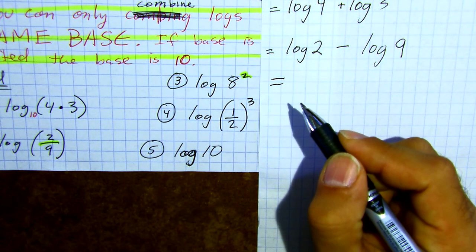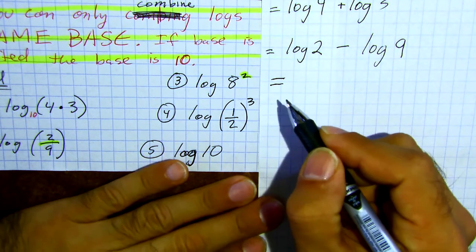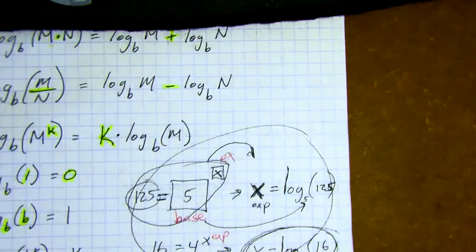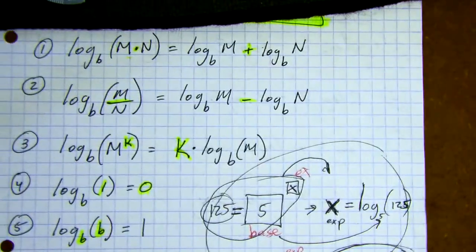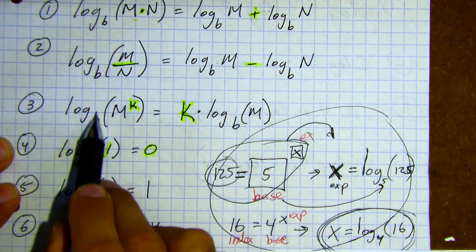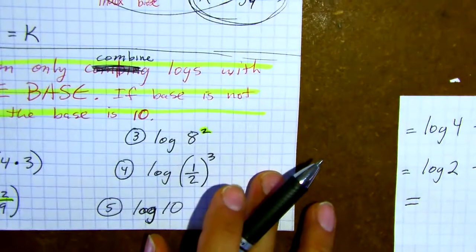Some of these are going to be really quick, right? Some of these you just have to move one thing. So if I look at law number 3, and again, don't worry about this b here, because all of our example problems down here have base 10, so we don't list the base.